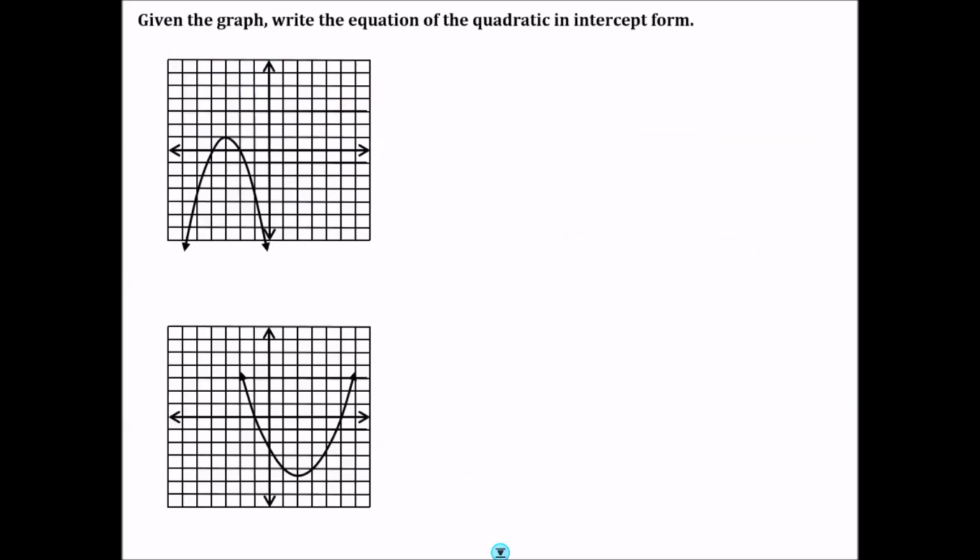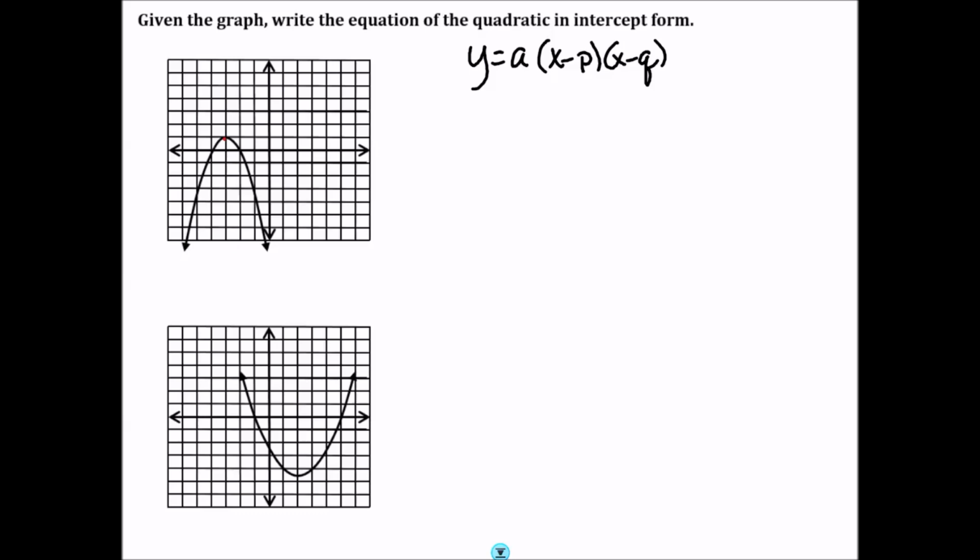Now, we can also write the equation from the graph. We just need to know 3 things. We need to know a, and we need to know both of the x-intercepts. So let me write down, remember that our equation will be a times x minus p times x minus q. So I need to find a, p, and q. So a is going to be the same thing that we've done for the last several days.